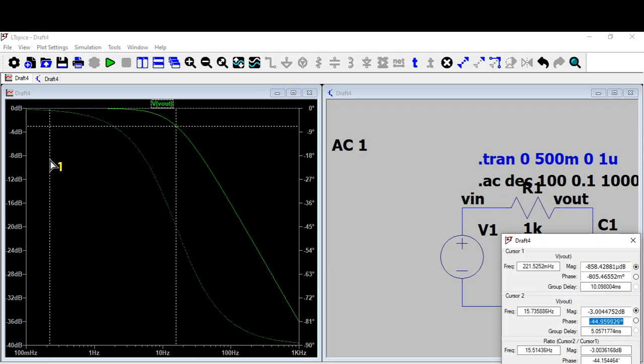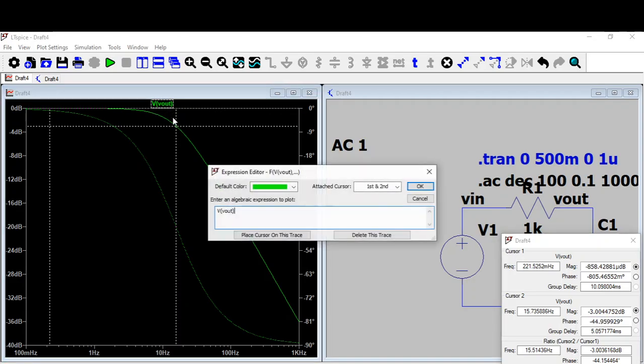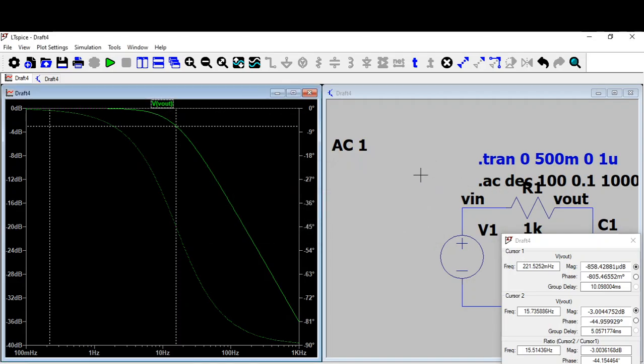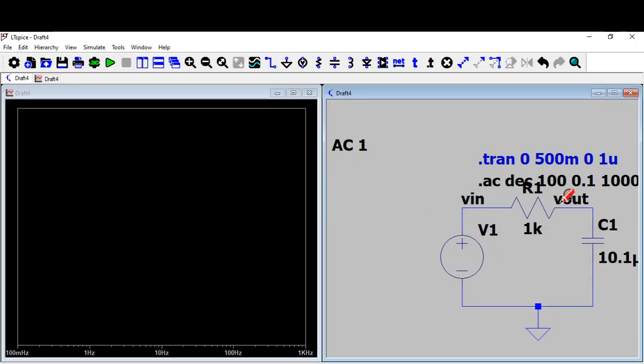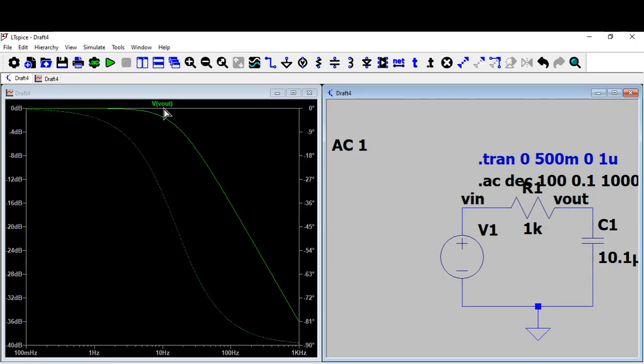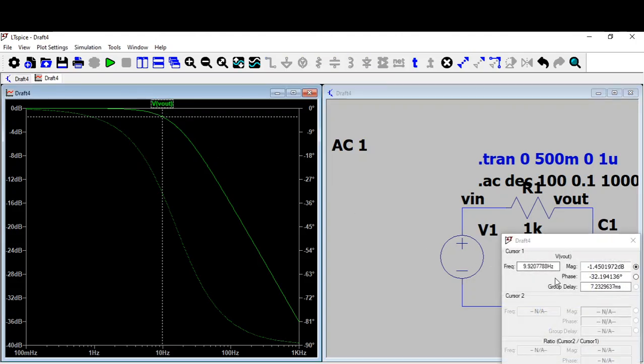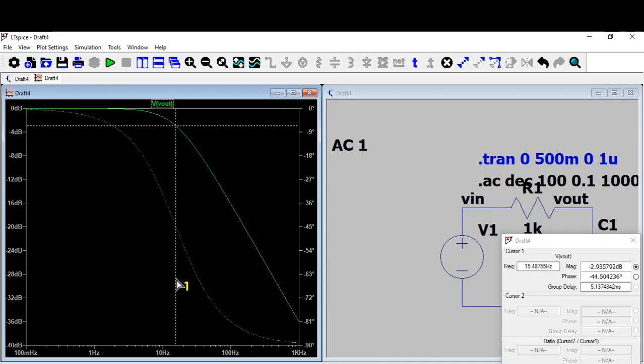Forget about this magnitude here, maybe a single cursor is enough. If you run it again, take one cursor, place it such that it is at 15.75 hertz. So you can see this is 15.75, magnitude is minus 3 dB, and the phase is minus 45.